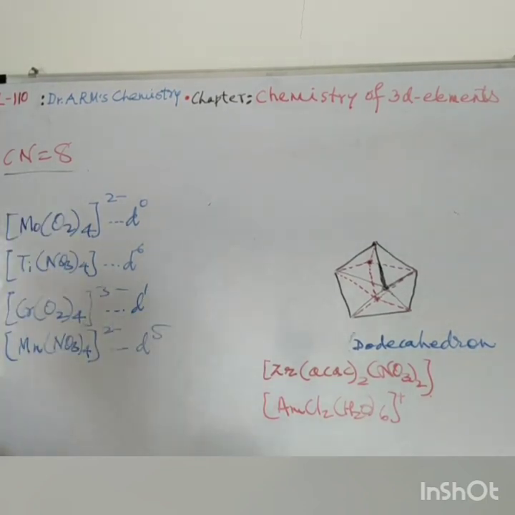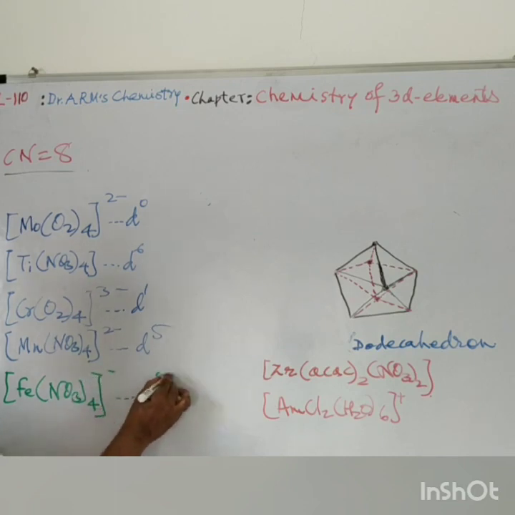Now we can have some more examples. That is Fe(NO3)4 minus. So this is d5 configuration.